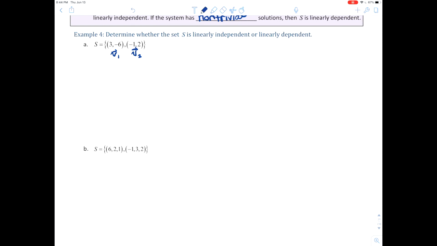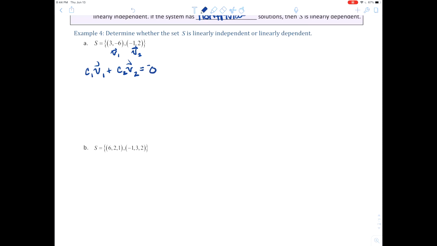So that's our vector set S. And now we need to figure out, if I do C1 times V1 plus C2 times V2 equal to the 0 vector, what do I get for my solution? Well, this will be C1 times (3, -6) plus C2 times (-1, 2). Well, what's the 0 vector in this space? Beautiful. 0, 0, ordered pair.